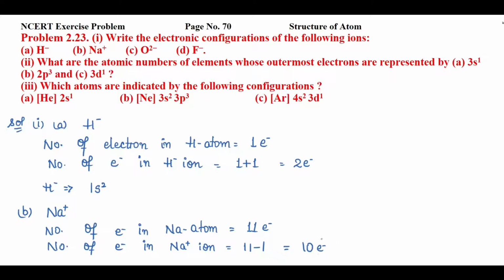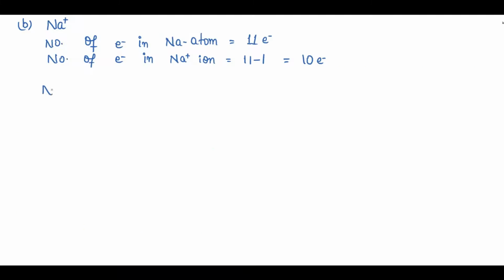Now we will fill these 10 electrons in the respective orbitals. The electronic configuration of Na positive will be 1s2, 2s2 and 2p6. Now here you see the superscript values, that is 2, 2, 6. These are the 10 electrons that you have filled in the orbitals, right? So 2 plus 2, 4, 4 plus 6, 10.